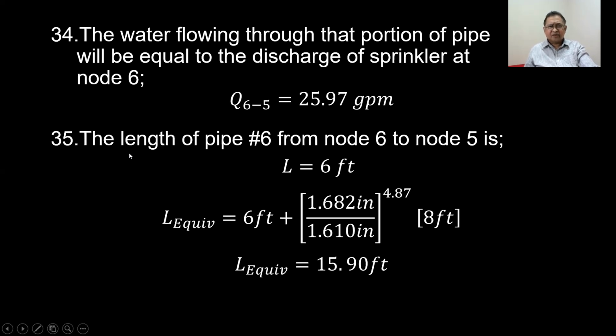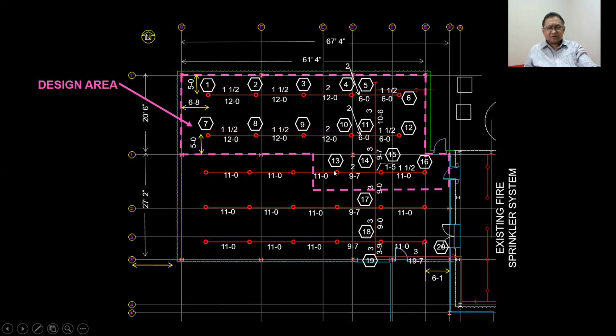So the water flowing through the portion of pipe will be equal to the discharge of sprinkler at node number 6. Q 6 to 5 will be 25.97. And the length of pipe 6 from node 6 to node 5 is 6 feet. However, you use the equivalent length modifier, and the result will be 15.90 feet here from node 6 to node 5.